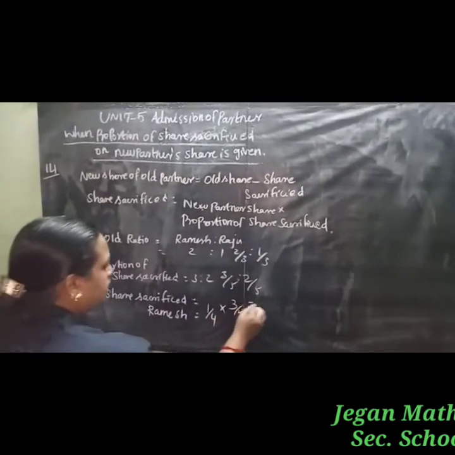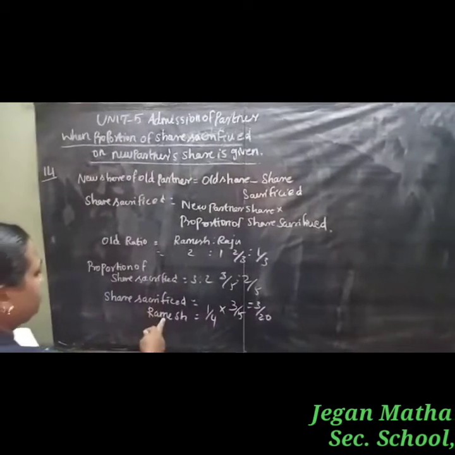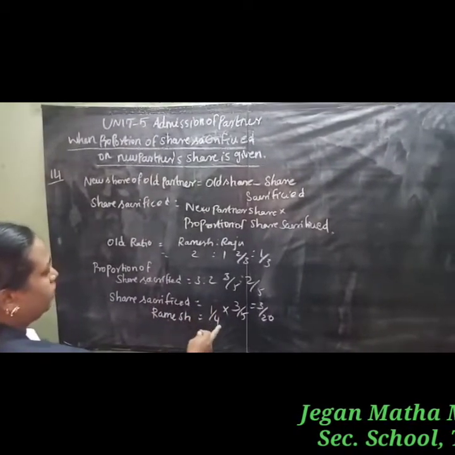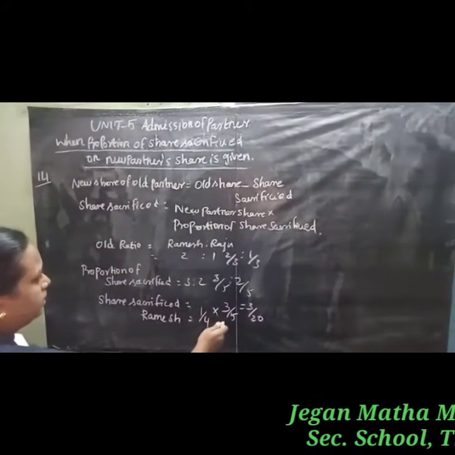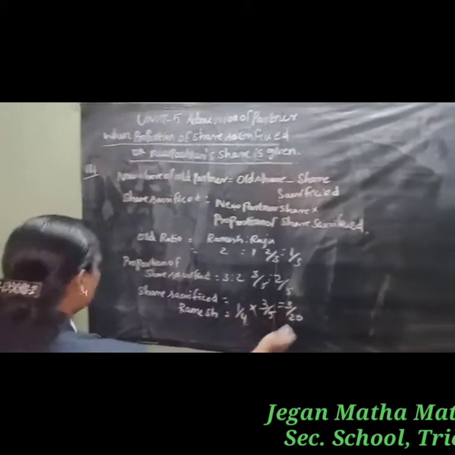So 1 3s are 3, 4 5s are 20. So the share sacrifice for Ramesh is 3/20.